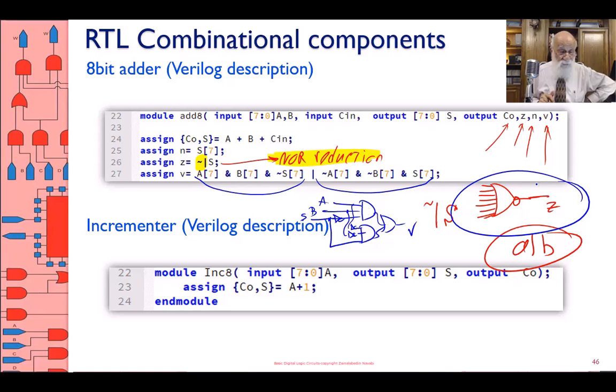How about the incrementer? For the incrementer, I can write the description of the half adders and instantiate 8 of them, or even easier, I can take A and add a 1 to it, and that becomes carry out and S. Once again, carry out is concatenated to the left of S, so that the 9th bit result of A plus 1 is captured by carry out.